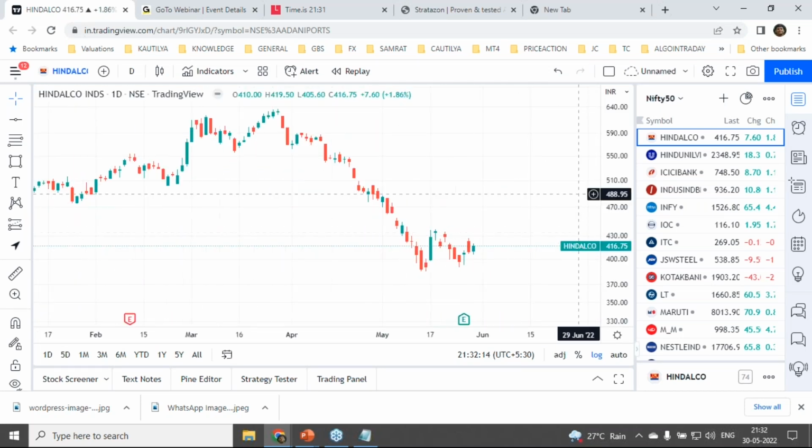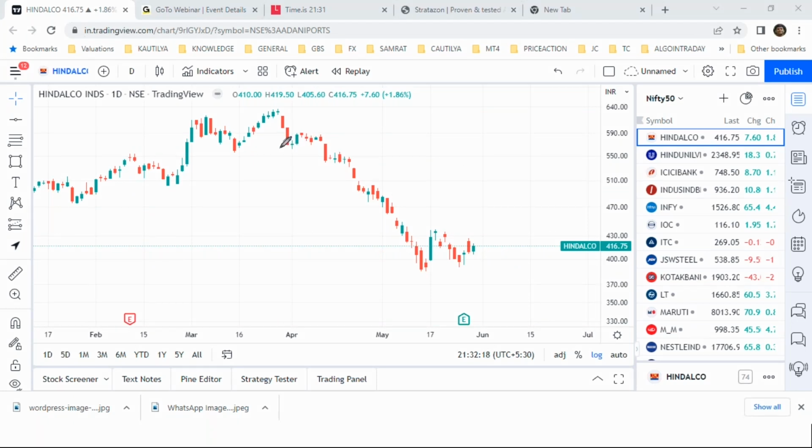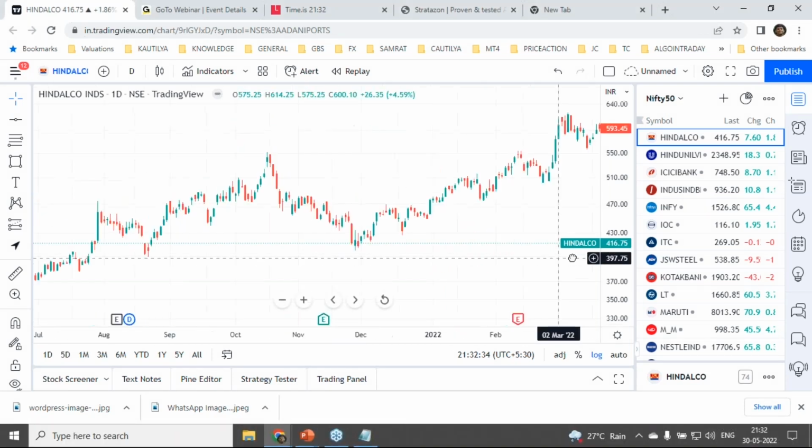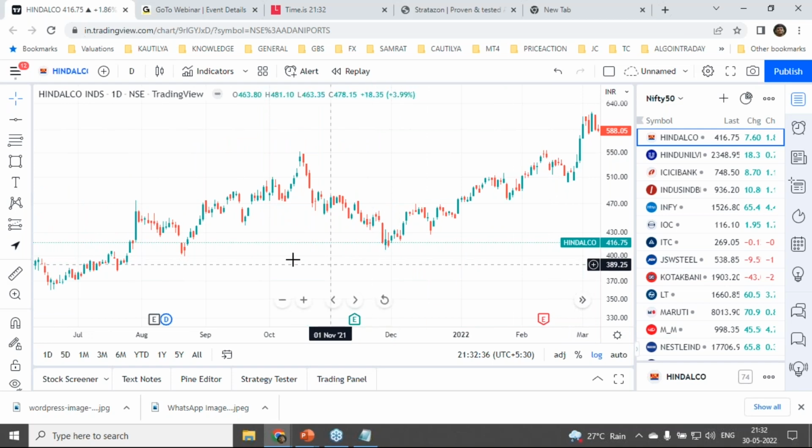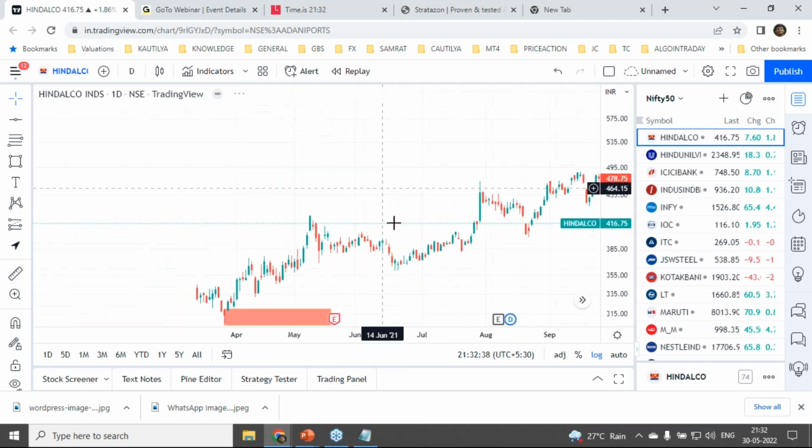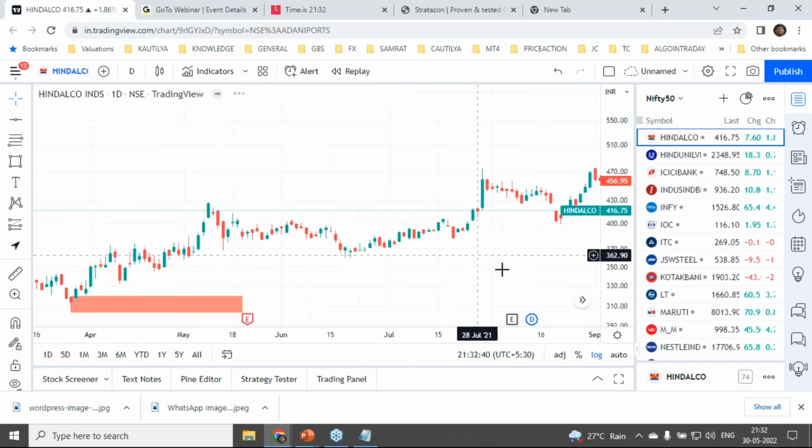The latest one, no. It is not compression because, number one, this is a base. This is again a base, and below that, gap down, gap down, gap down. This is not compression. Compression will be deeper. I will show you what real compression is. They should be kissing each other.